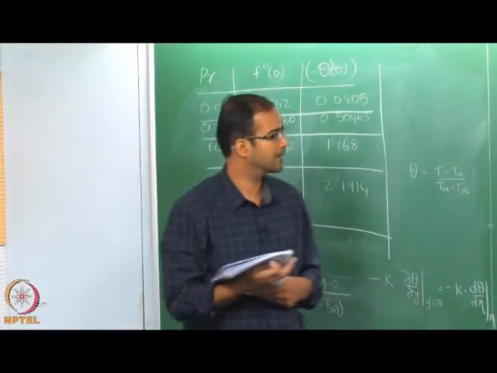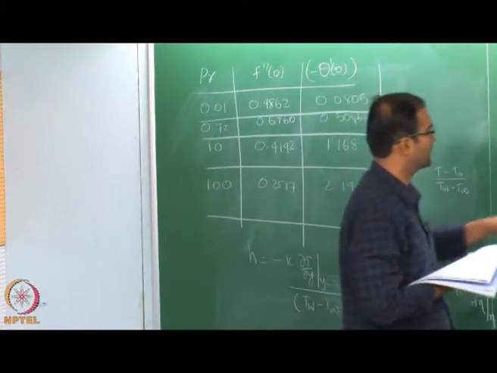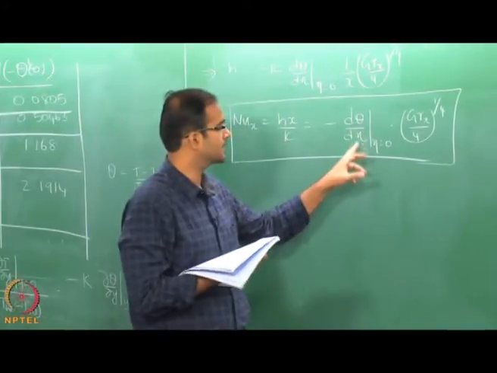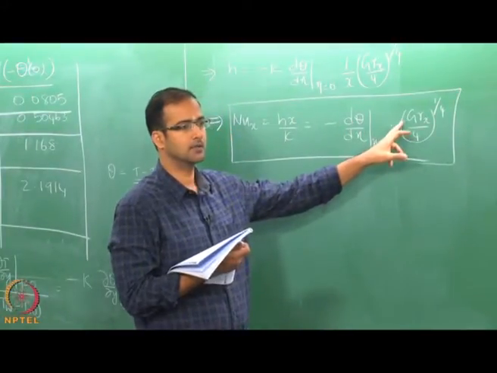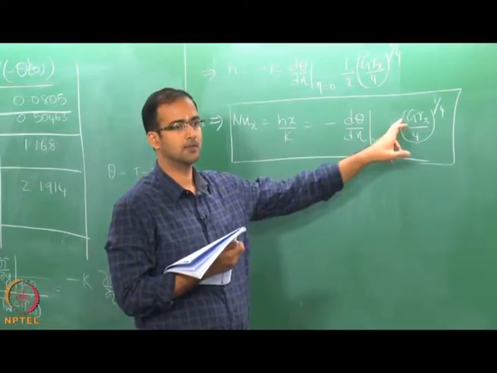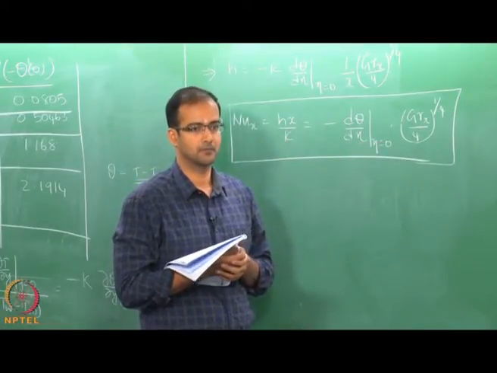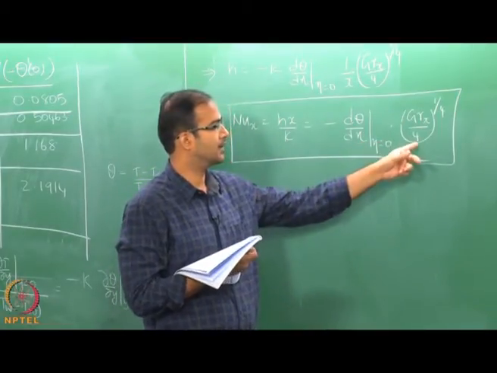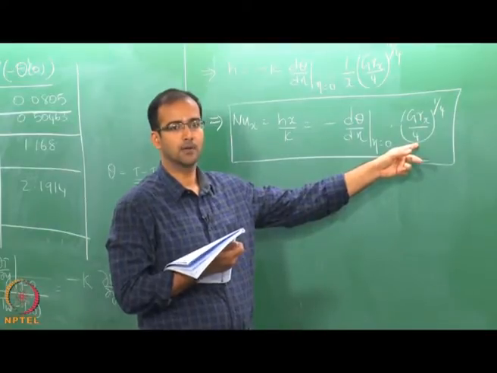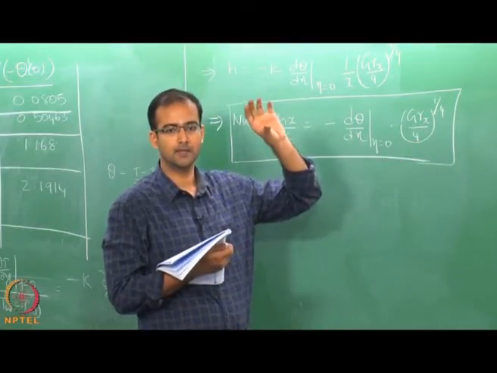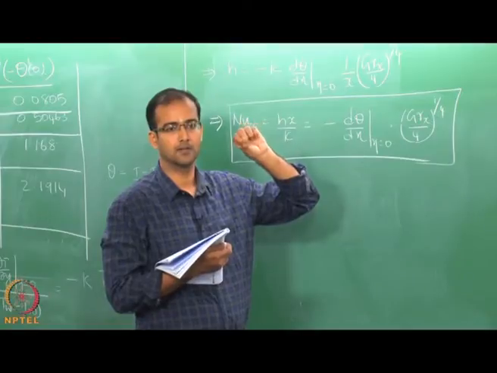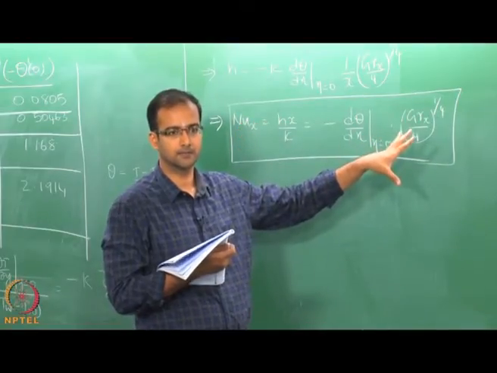In the case of forced convection, what did you have? Minus d theta by d eta at eta equal to 0 into Reynolds number raised to the power 1 by 2. Okay. So, you have this factor of 4 now because we have defined this in the similarity variable. So, accordingly this will get scaled.